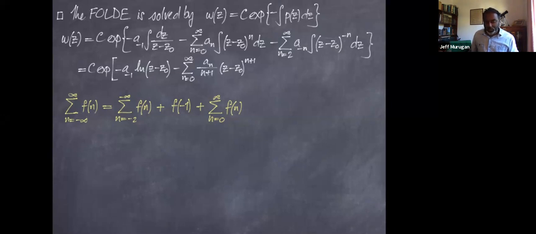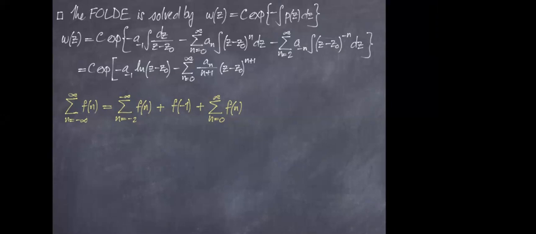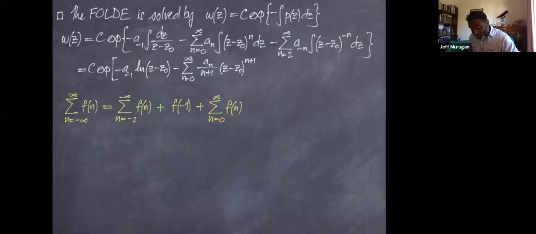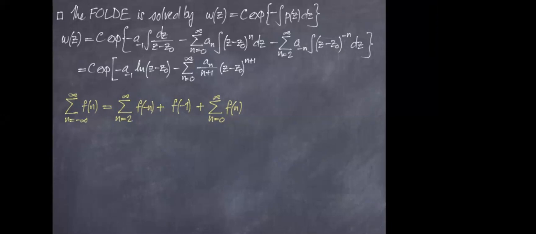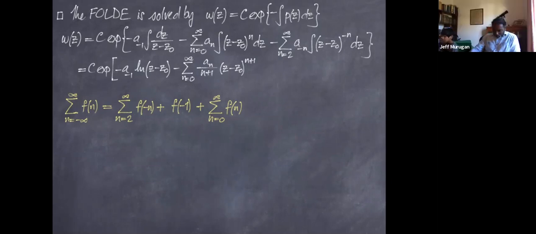Right. So now I'm going to let n be minus n. So this becomes a minus n there, and the limits of my sum will change from minus infinity to minus 2, to 2 to infinity. Do you agree? Okay, now I see it. You good? Yeah, I'm good now. Thanks. Great.